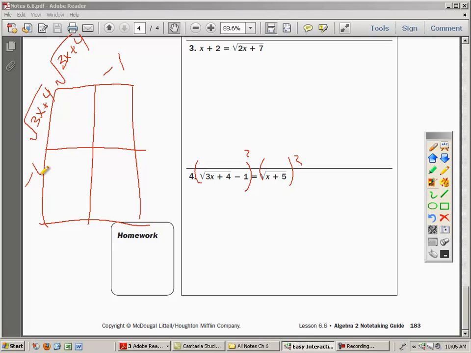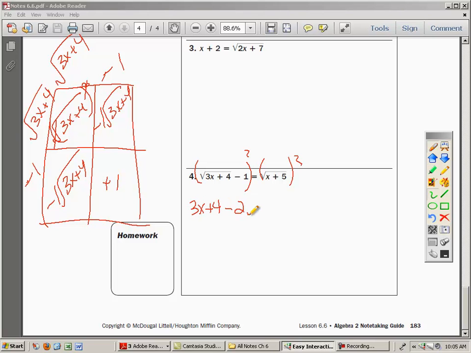So this becomes the square root of 3x plus 4 squared, which as you know is going to be 3x plus 4. This is -1 times the square root of 3x plus 4. This is -1 times the square root of 3x plus 4. And -1 times -1 is +1. So on the left side of this thing we have 3x plus 4 minus 2 times the square root of 3x plus 4. And then we still have that lonely plus 1 on the end.